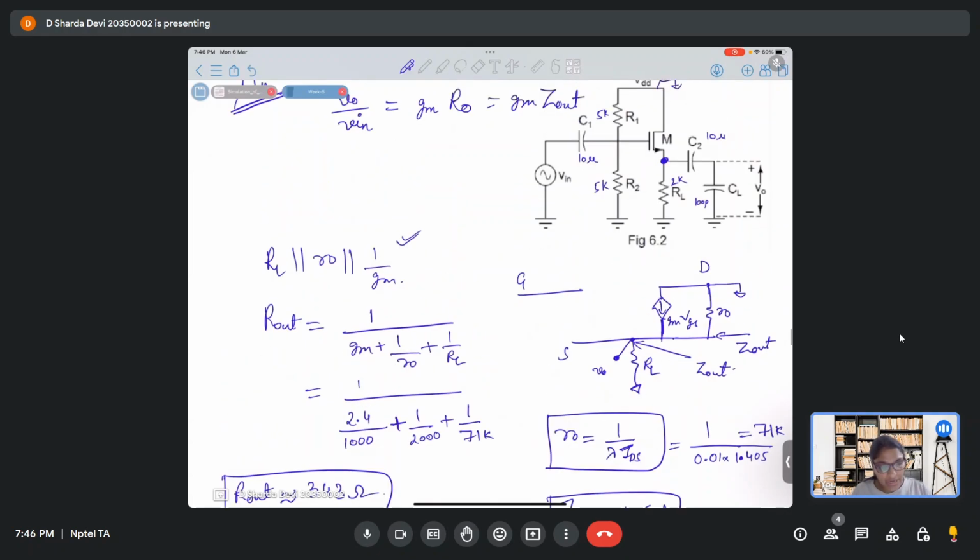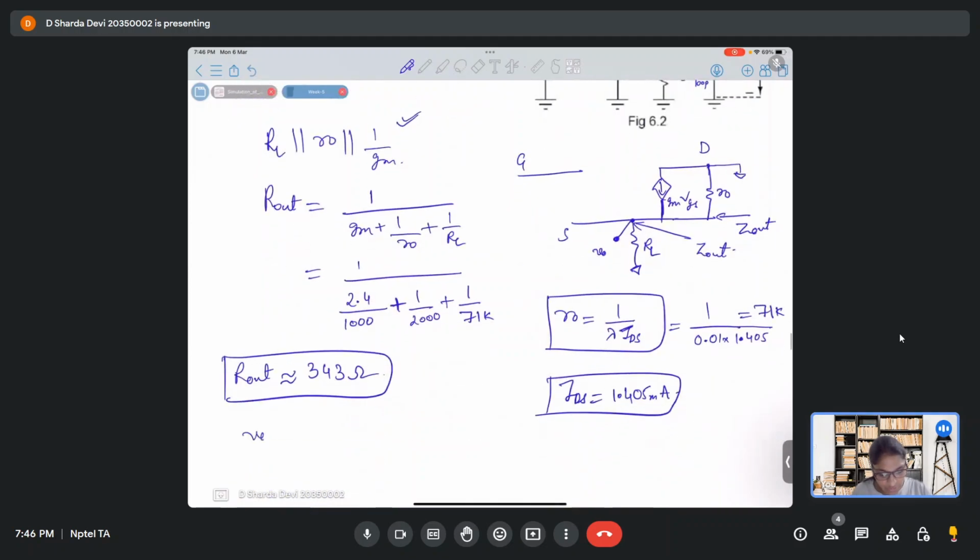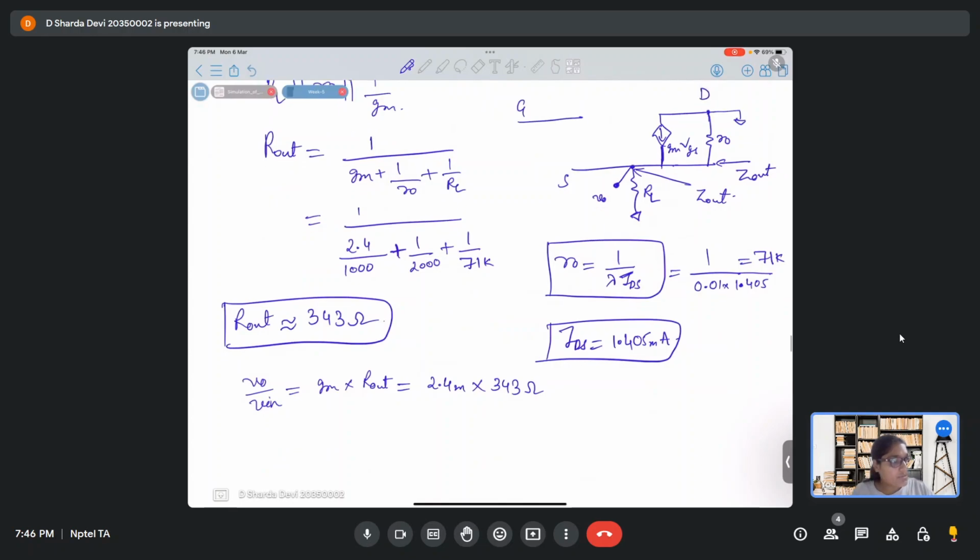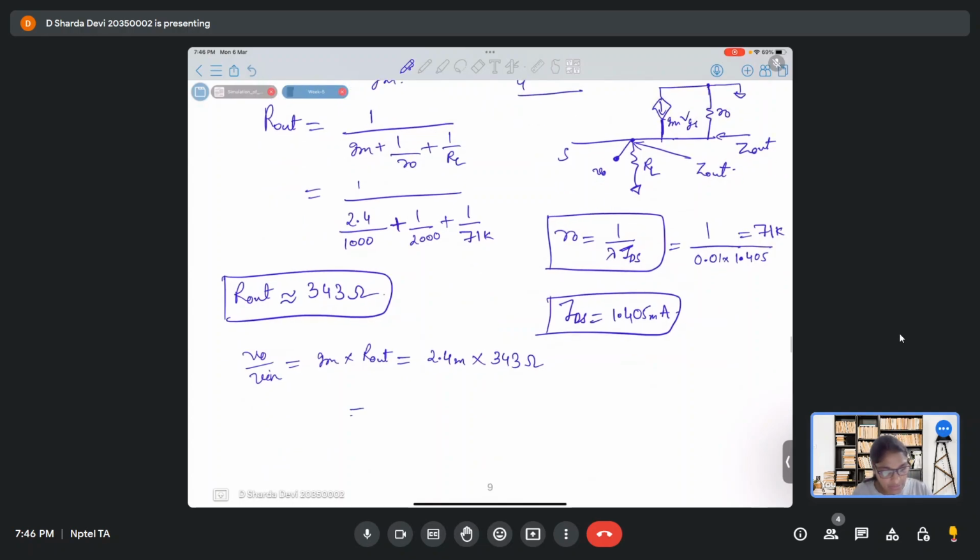Now we have R naught, we have GM, so gain is GM into R naught, that is 2.4 milli into 343 ohms. So the gain actually turns out to be 0.82. What does this show?